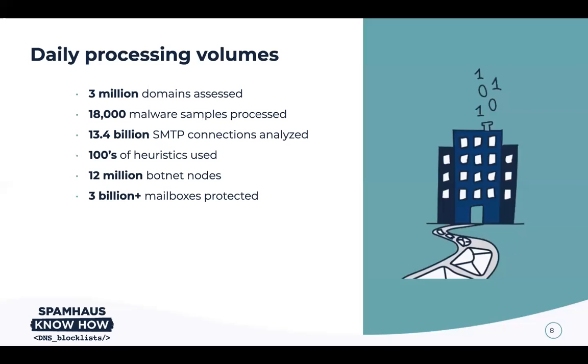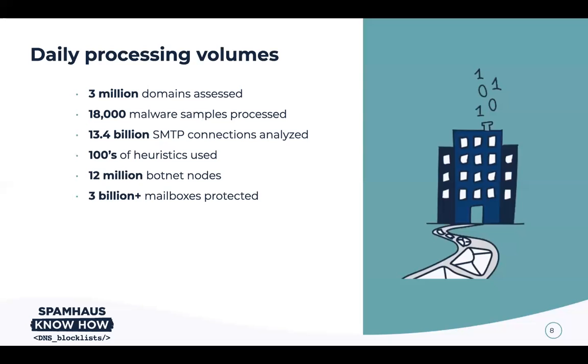We process these malware samples through static and dynamic binary analysis, and the reason is that we get the list of botnet command and control servers and distribution points for malware downloaders from processing that. That means we cannot rely only on email and spam to build what we build.